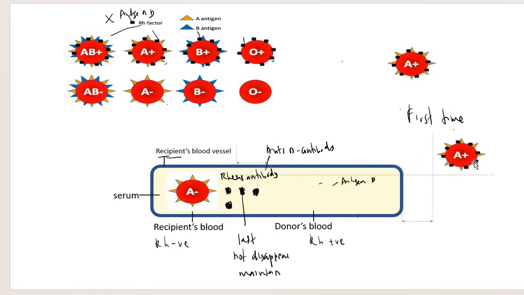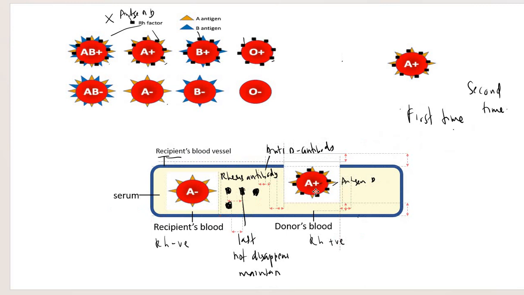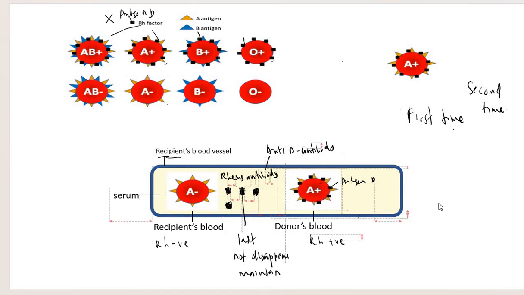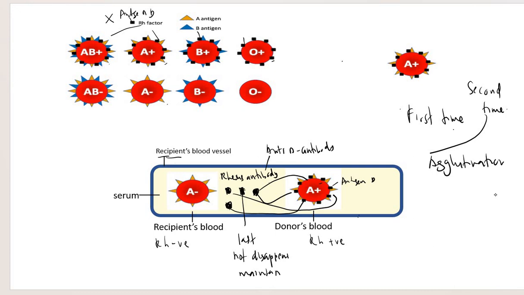Okay, let's say for the second time, second blood transfusion, this recipient also gets another Rh positive blood, A plus blood, which has antigen D. Now, because the anti-D antibody is already in the blood of the recipient, this anti-D will attack the antigen D. For the second time, agglutination will occur.